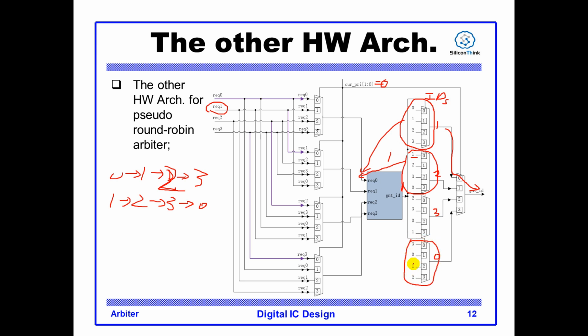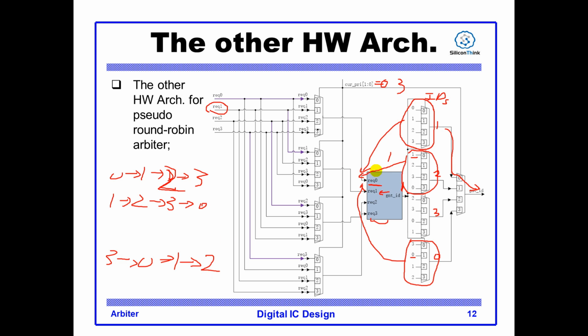The IDs here are the collection of the IDs here for current priority equal to 3. When priority equals 3, the first request is collected to request 3, and this request is collected to request 0, then the next is collected to request 1, followed by this one collected to request 2.